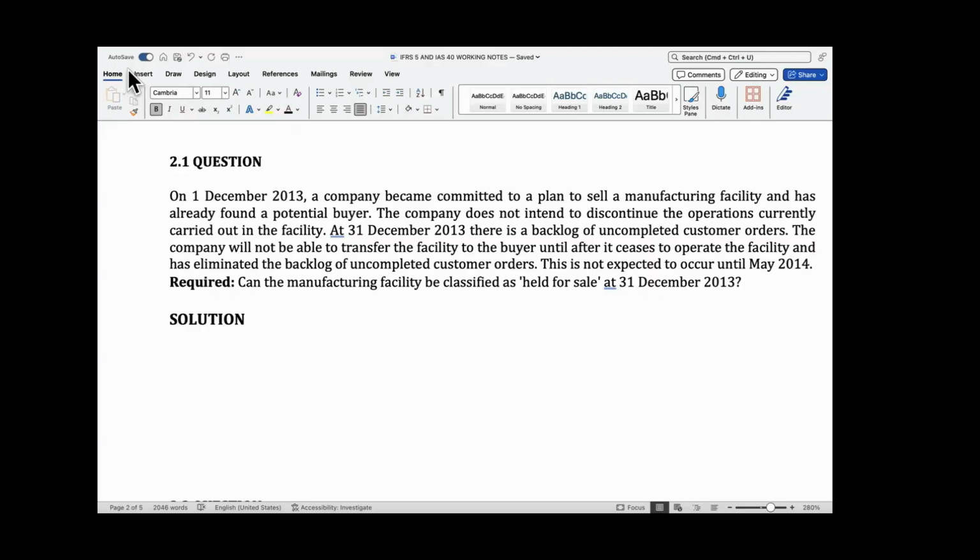The company will not be able to transfer the facility to the buyer until after it ceases to operate the facility and has eliminated the backlog of uncompleted customers' order. This is not expected to occur until May 2014. You are required: can the manufacturing facility be classified as held for sale at December 31st, 2013?